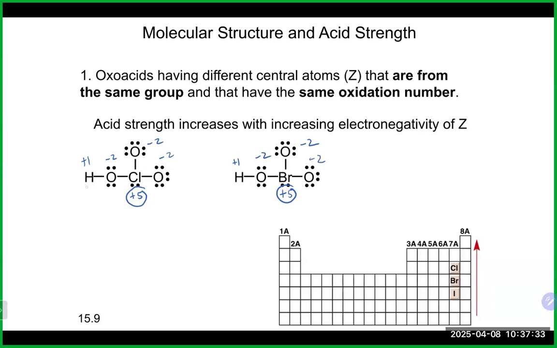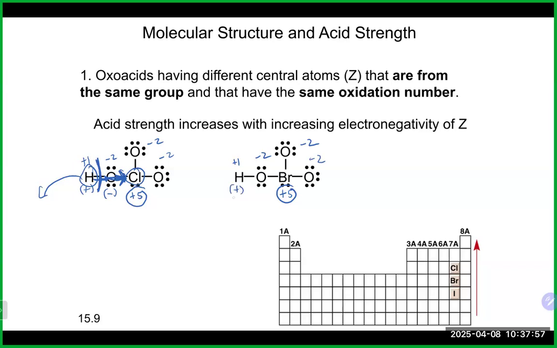If you remember, this bond right here is already a polar bond, right? Oxygen is more electronegative. Electrons are being shared unequally in this case. And because chlorine is more electronegative, it's going to pull those electrons closer to the chlorine. What that's going to do is weaken this bond and allow this hydrogen to come off a lot easier. Same idea here.